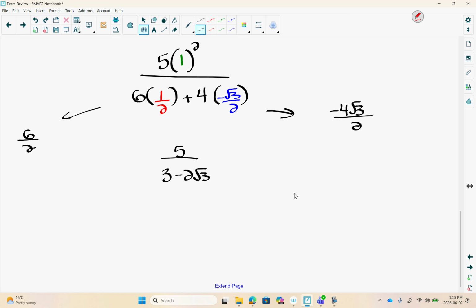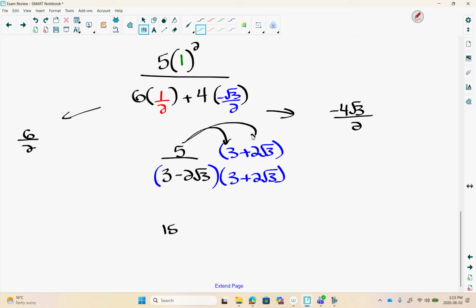Now, when we did these, I asked you to express your answer as a radical in simplest form. And to do that, I would have to rationalize the denominator. So I would multiply both top and bottom by the conjugate of 3 minus 2 root 3. What's the conjugate of 3 minus 2 root 3? 3 plus 2 root 3. Watch this. That's 5 times 3.